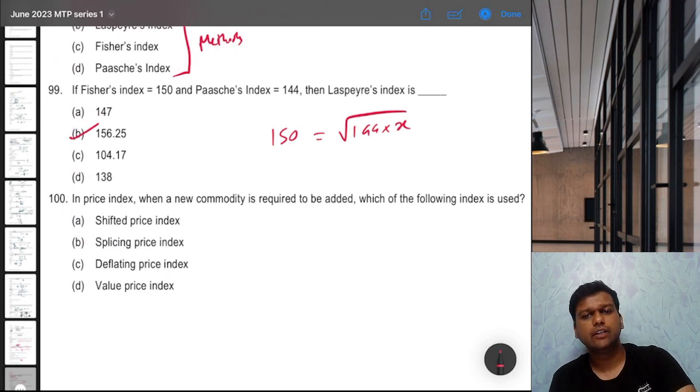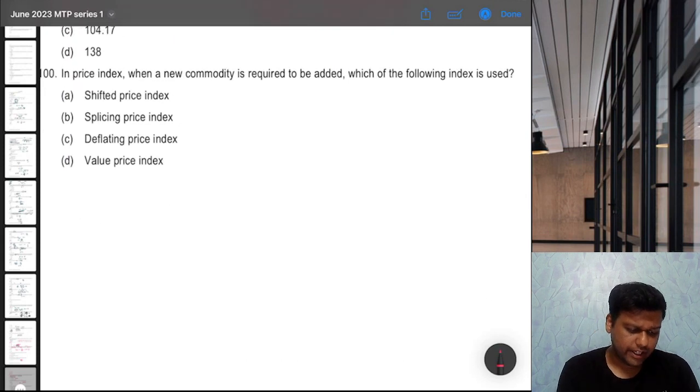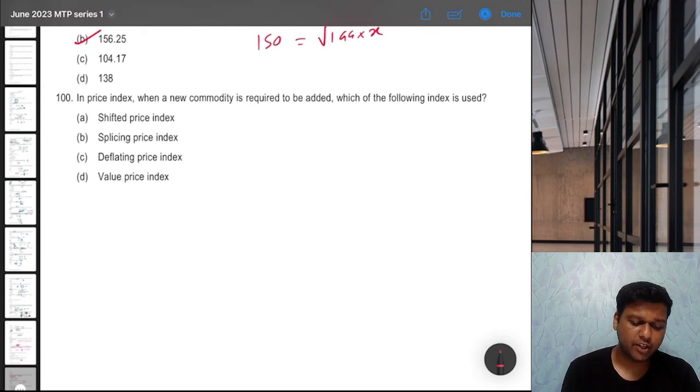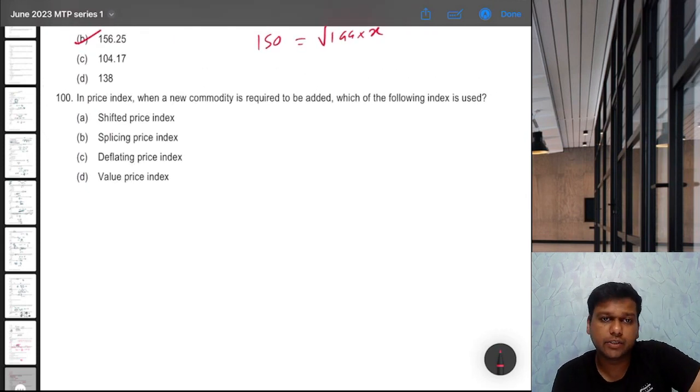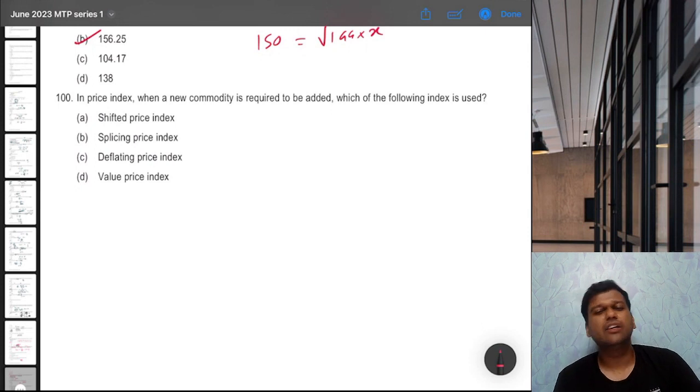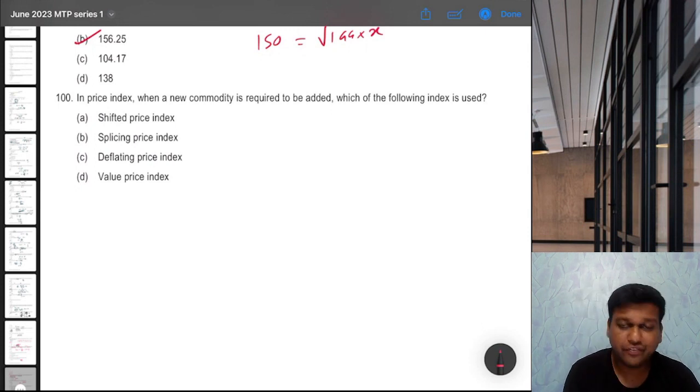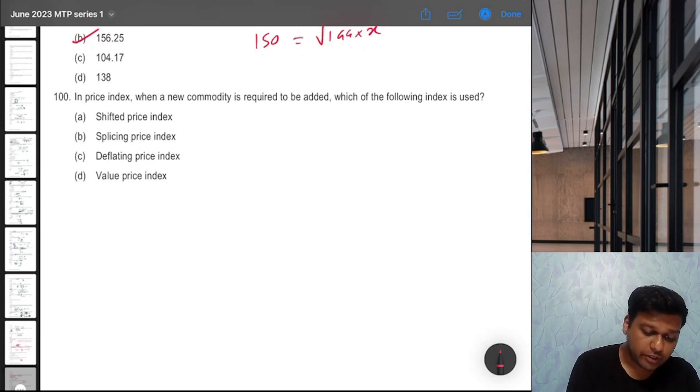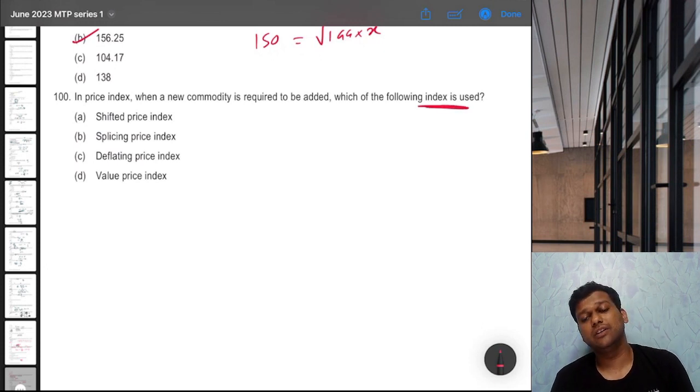Next, last. In price index, when a new commodity is required to be added, which of the following index is used? Okay, again, I mean, this is not the correct framing of question. Which of the following index is used? That is not the correct way to frame it. What is done? That is what they're asking.